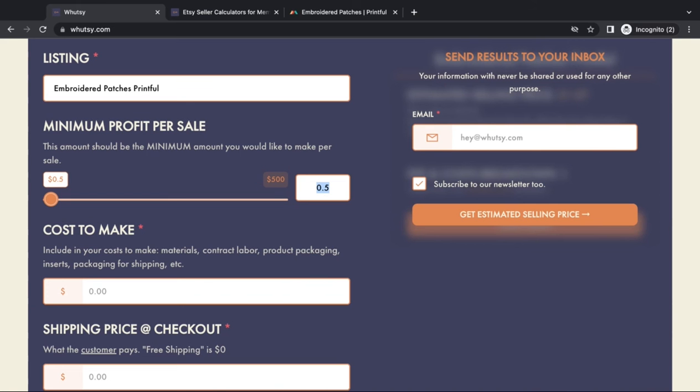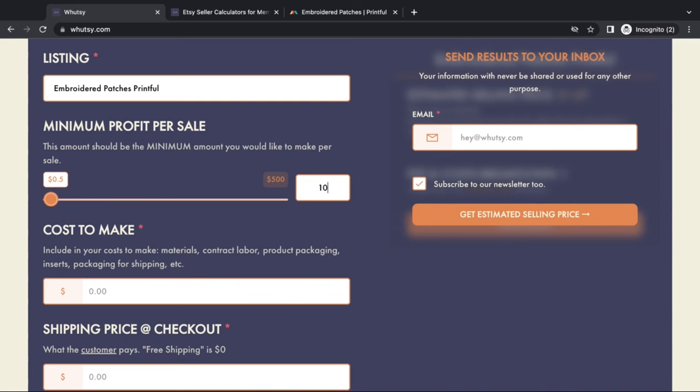So we want our hourly rate to be our minimum profit per sale. So if it takes me 30 minutes to make this patch, for example, and I want to make sure that I'm making $20 an hour, then the minimum profit per sale I want to make is $10 for this patch. So that's how you would think about it if you're hand making something.